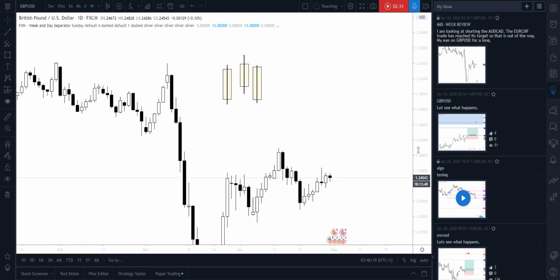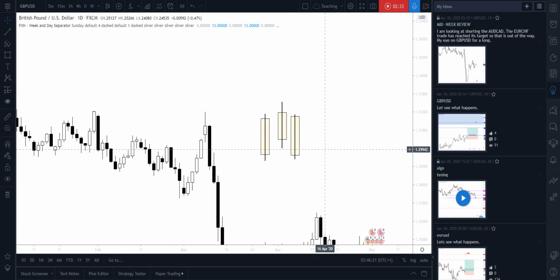I've explained it in the earlier video that I did for the Aussie CAD, but I'm going to go into more details. On this particular day when we close and you're expecting a swing low to form, you are now watching this particular day to see if we form a swing low.